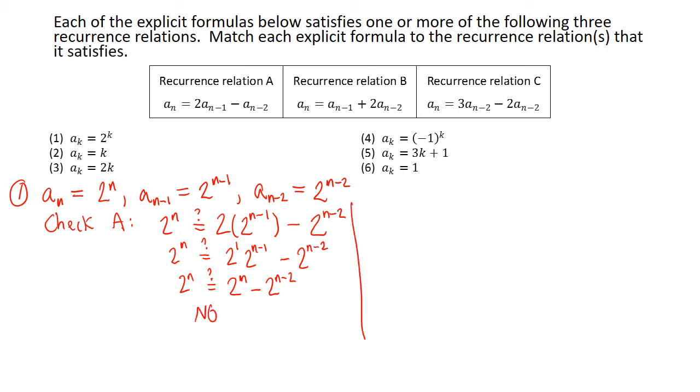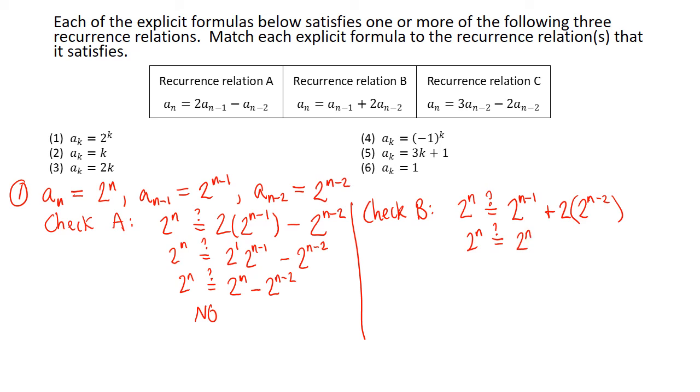All right, and then let's check B. I'm just going to plug in these terms again. So a_n was 2 to the n, and does that equal a_(n-1) plus 2 times 2 to the n minus 2? Okay, this time I think this might actually work out.